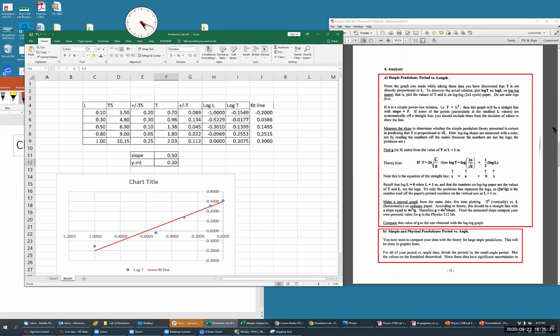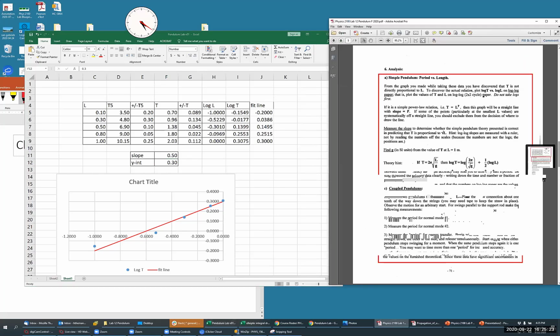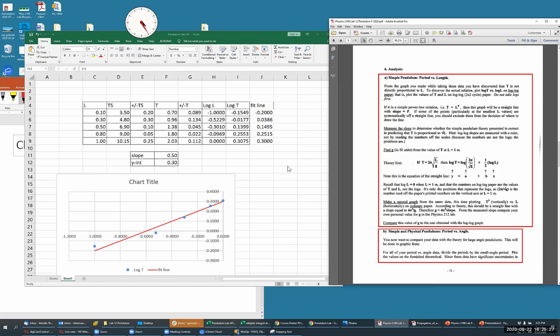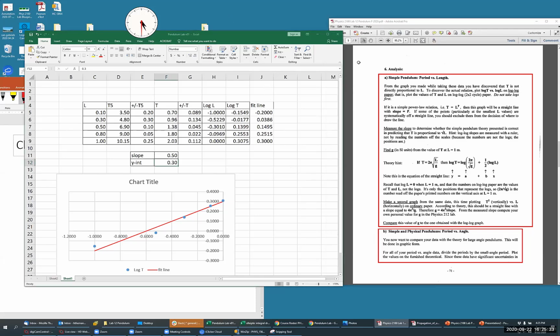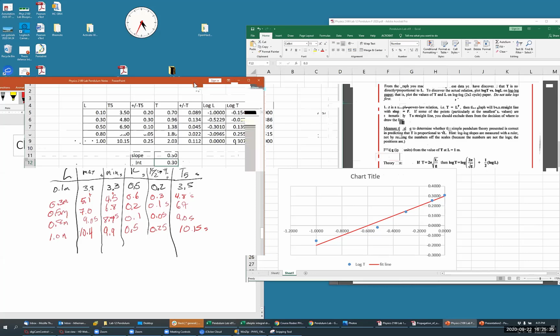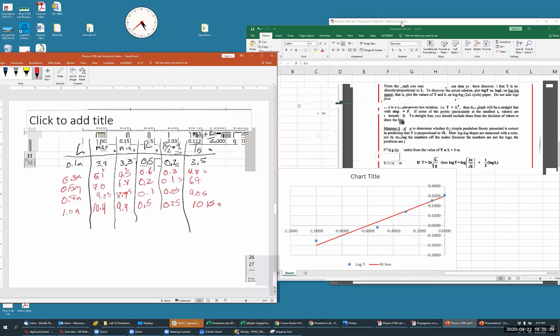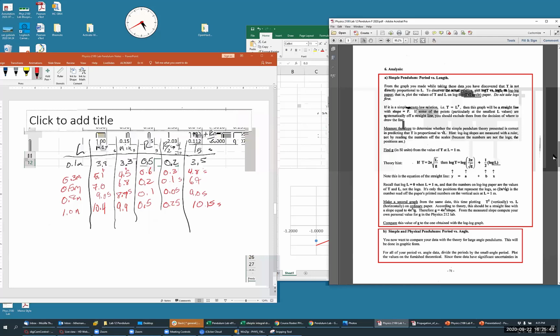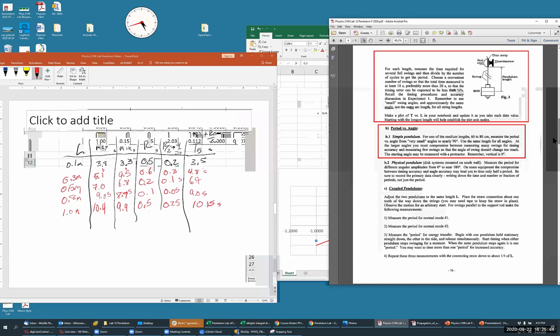Okay, so let's take a look. We have to do one more of these, and we don't have time for that. But like I said, I am going to make a separate video for doing this part. So we have our data tables. There's graphs to be made. We already went through the mass graph. That's pretty easy, so you can get working on that.